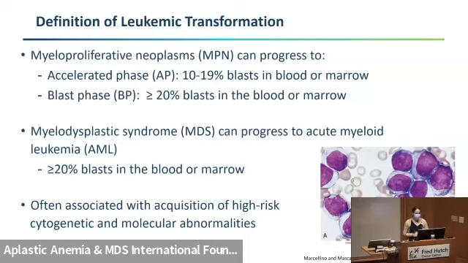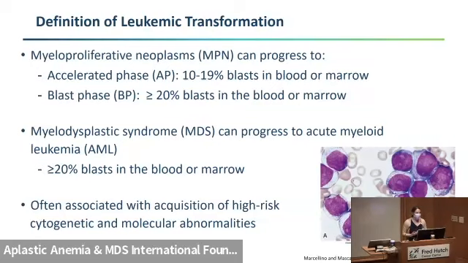And then the myelodysplastic syndromes, or MDS, which you'll learn about shortly, can also progress. MDS typically has less than 20% blasts in the blood or marrow, and AML out of MDS is when there are 20% or more blasts. So that's the cutoff for leukemic transformation. And this transformation is really just disease progression. There's nothing magical about this 20% number.